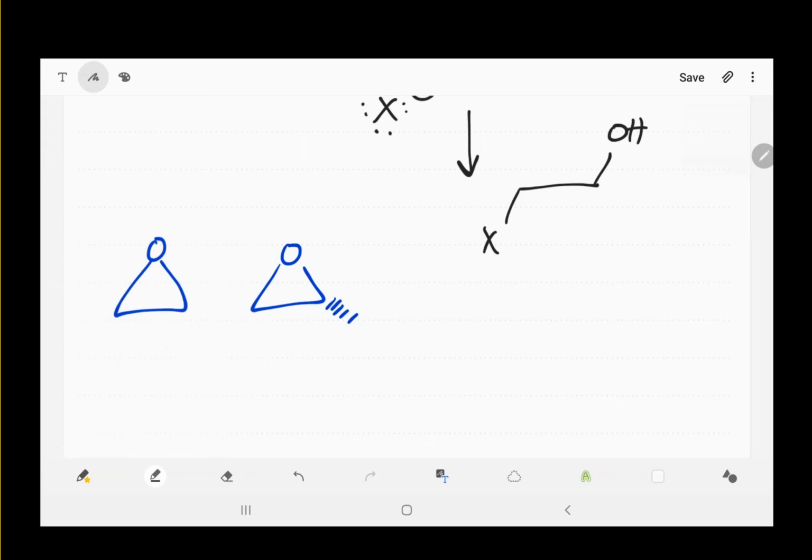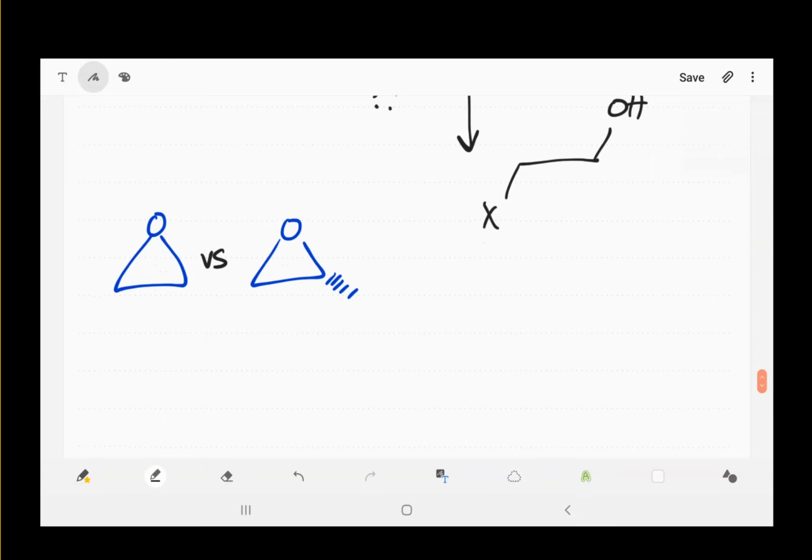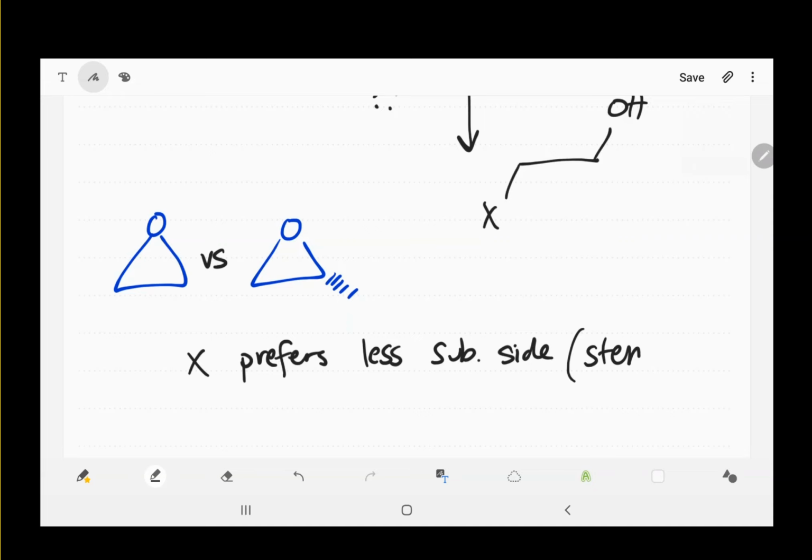So, if you have these two, you're going to see that with this one, your X will prefer the less substituted side. This is again due to steric effects.